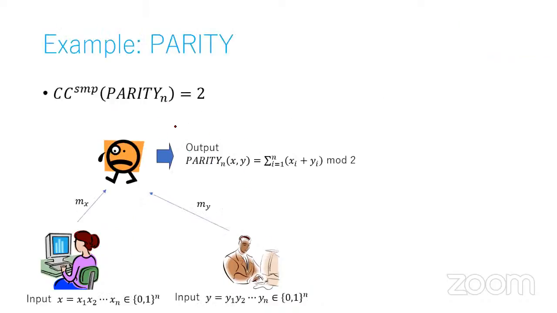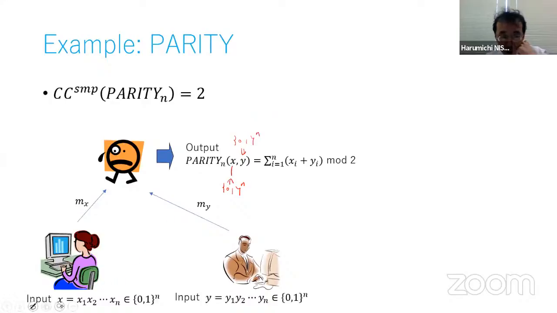Now I explain a very simple case, the parity function. Here x is an n-bit string and y is an n-bit string. We consider just the parity, so we add all bits modulo 2.